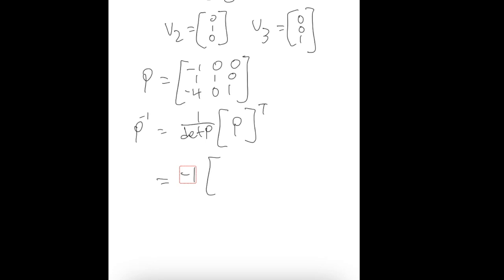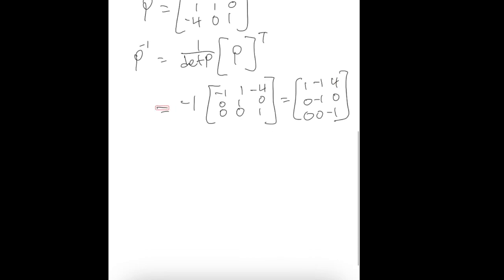If we transpose P, we have negative 1, 0, 0, 1, 1, 0, and negative 4, 0, 1. And then multiplying that negative 1 in, it just flips all the signs. So 1, negative 1, 4, 0, negative 1, 0, 0, 0, negative 1.